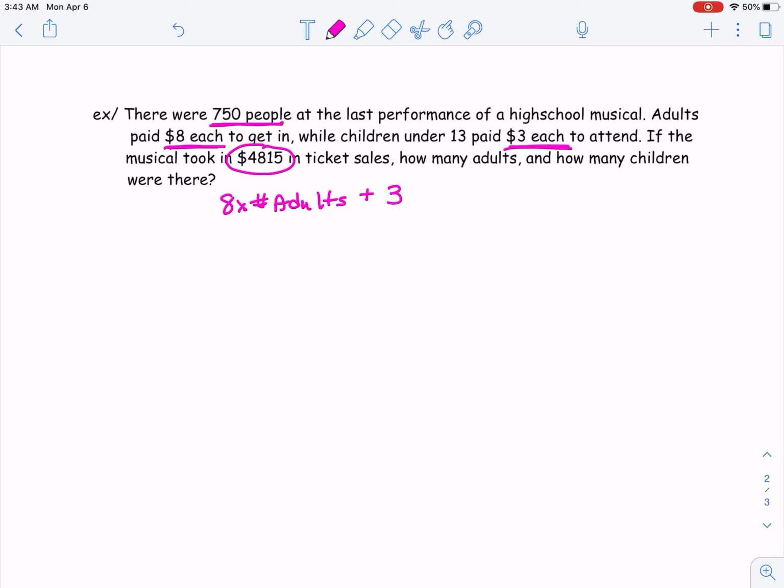Plus 3 times the number of children will equal the total amount of money, which is $4,815. So this is an amount of money brought in by adults. This is an amount of money brought in by children. And if you add money to money, you get money.